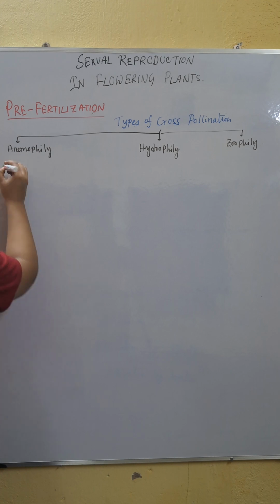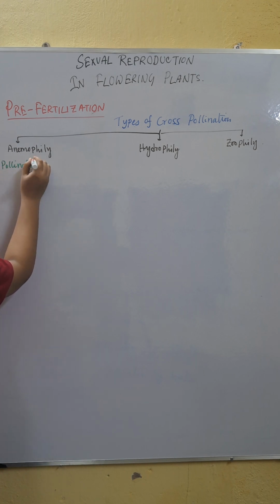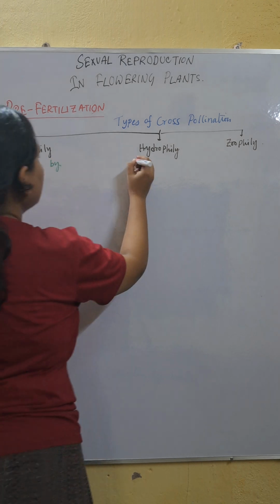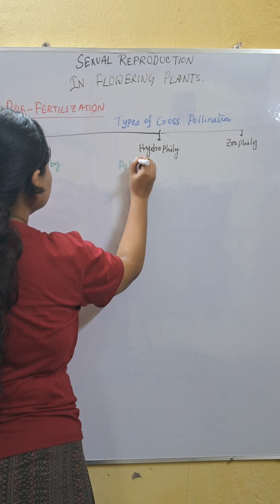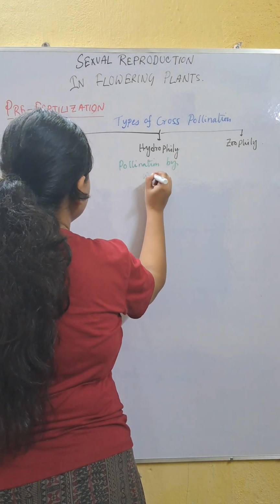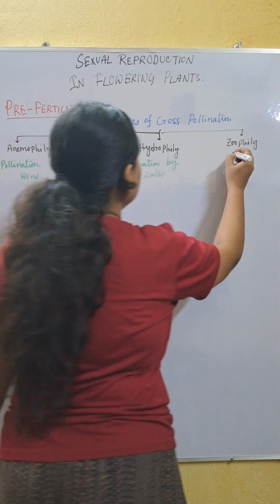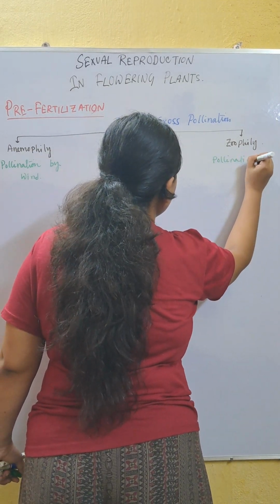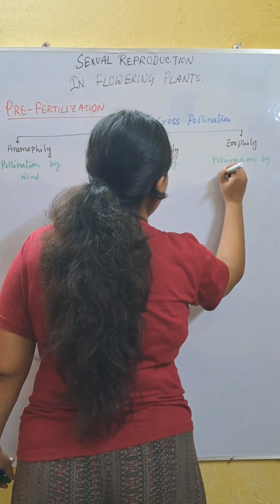Anemophily is the pollination by wind. Hydrophily is the pollination by water, and zoophily is the pollination by animals.